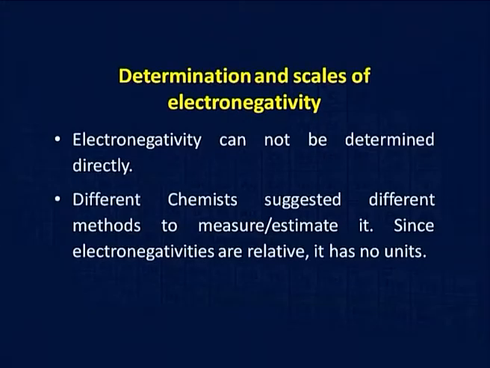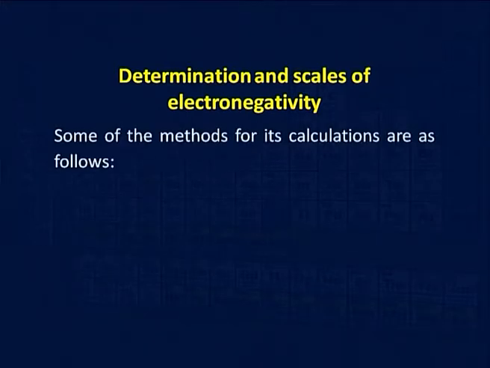A number of scales have been proposed by different chemists, using different methods to measure or estimate the value of electronegativity, because it is a relative tendency of an atom in a molecule to attract the shared pair. And since it is a relative tendency, it has no units. So, electronegativity has no units. Some of the important methods used for its calculation are as follows.